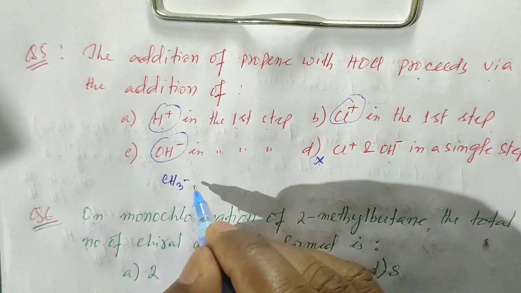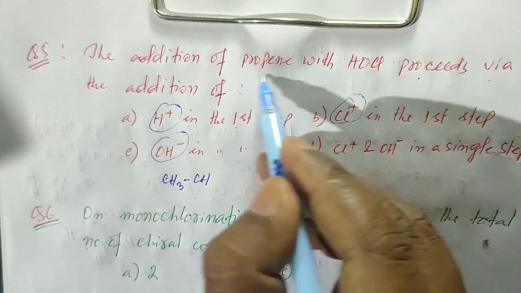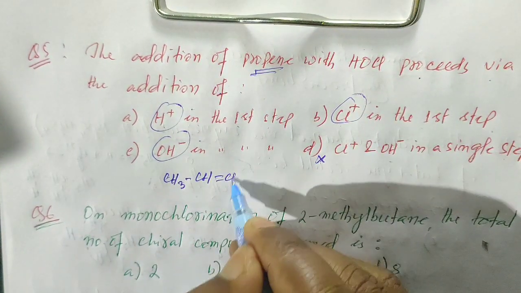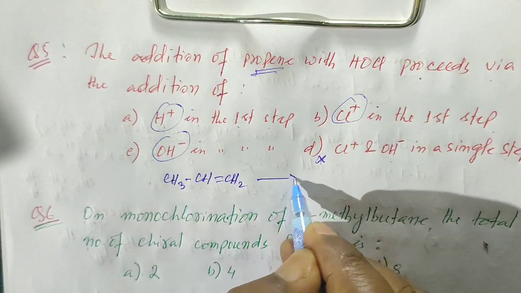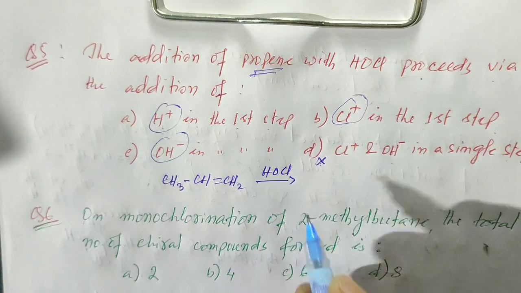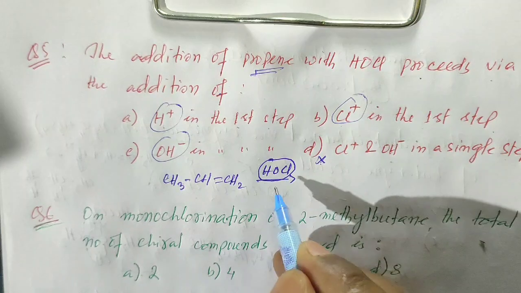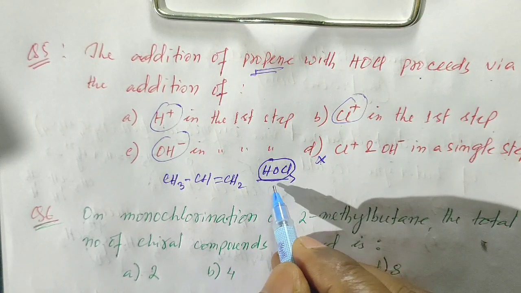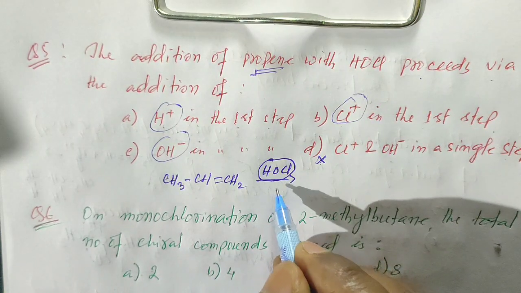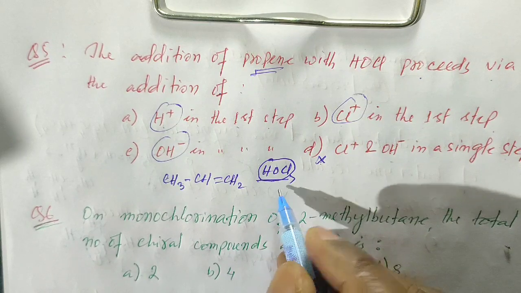The reactant is propene, CH3CH=CH2. Now when it is reacted with HOCl, HOCl undergoes self ionization first actually.